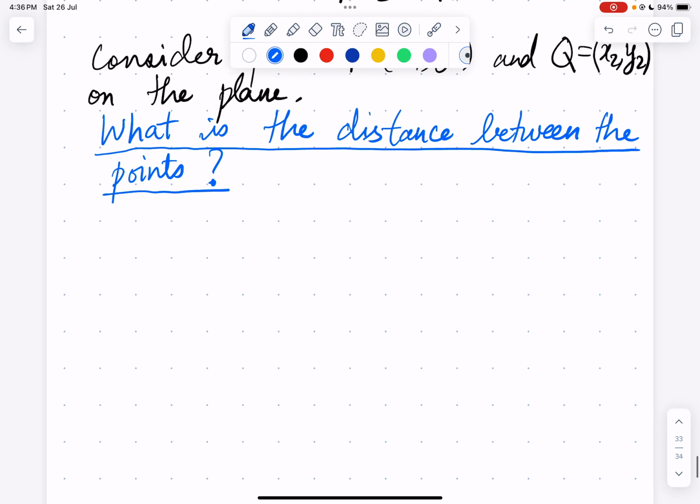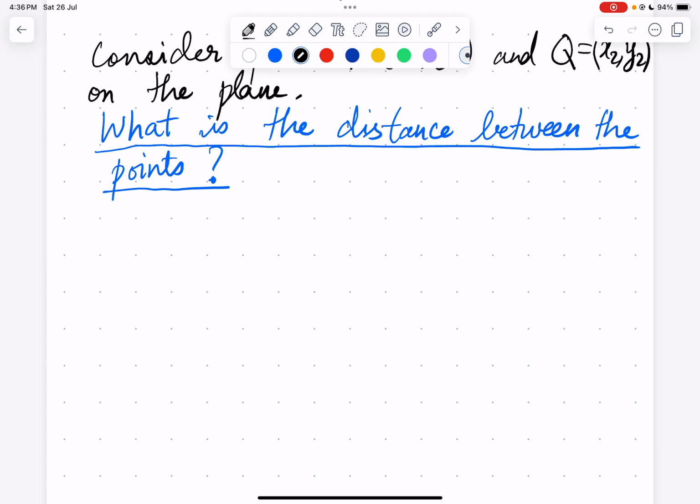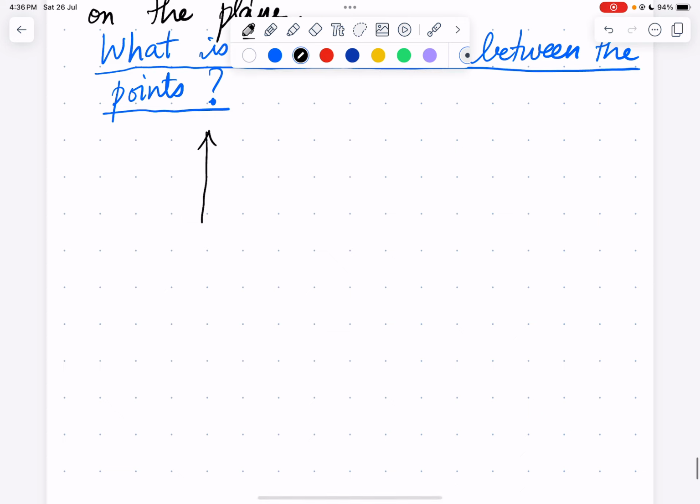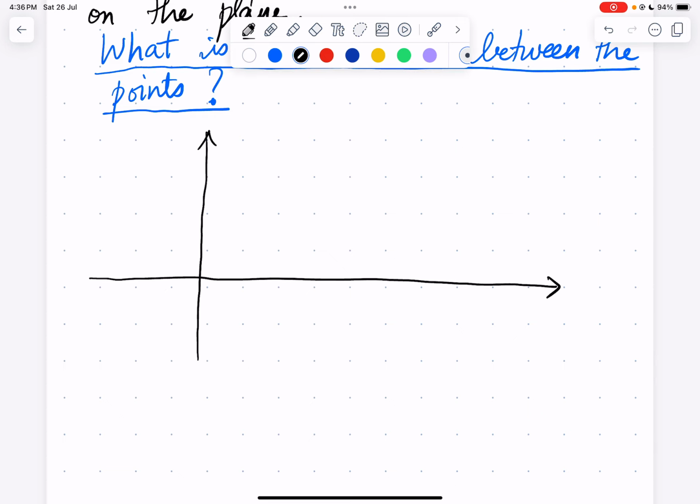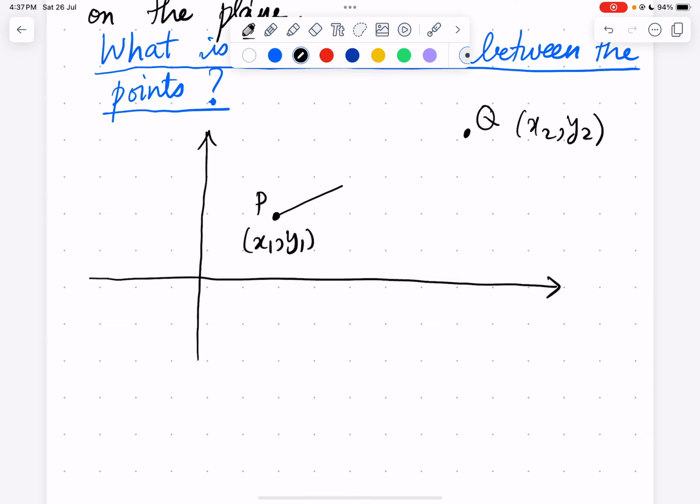So we can draw a diagram for one case. So this is P, x1, y1, and this is Q, x2, y2. So we are interested in the distance between these 2 points.